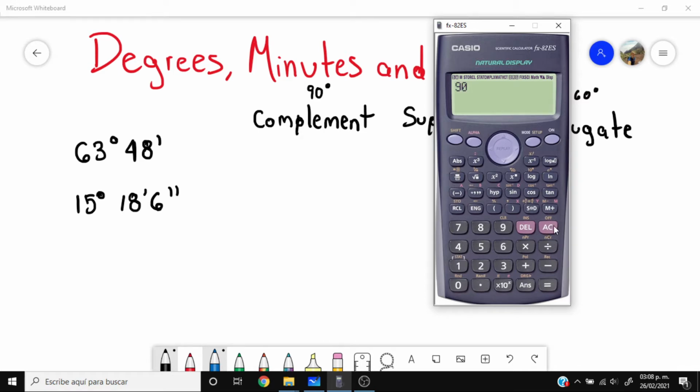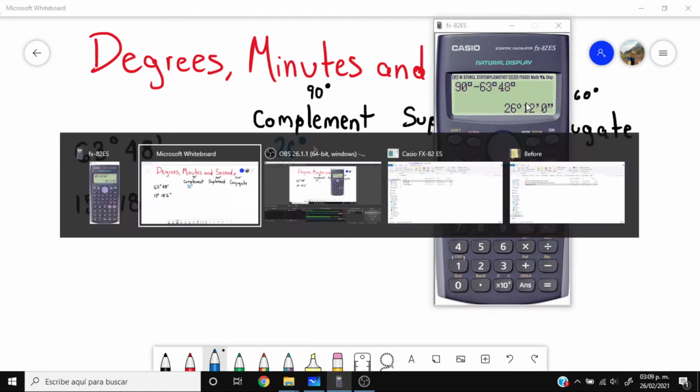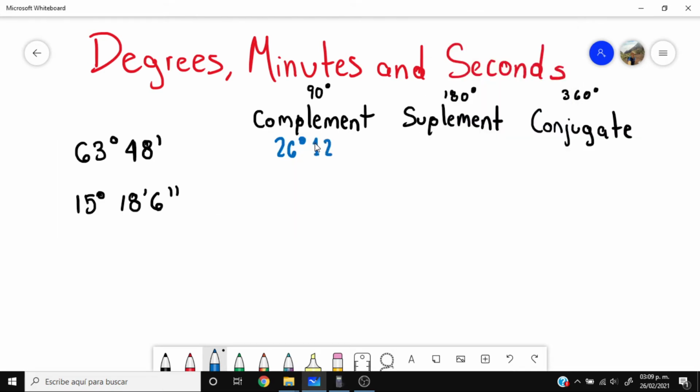I'm going to do 90, then I press this button, minus 63 degrees and 48 minutes. Then I'm just going to press the equal button, and that will be the answer I'm looking for. So I'm going to write it: 26 degrees and 12 minutes.